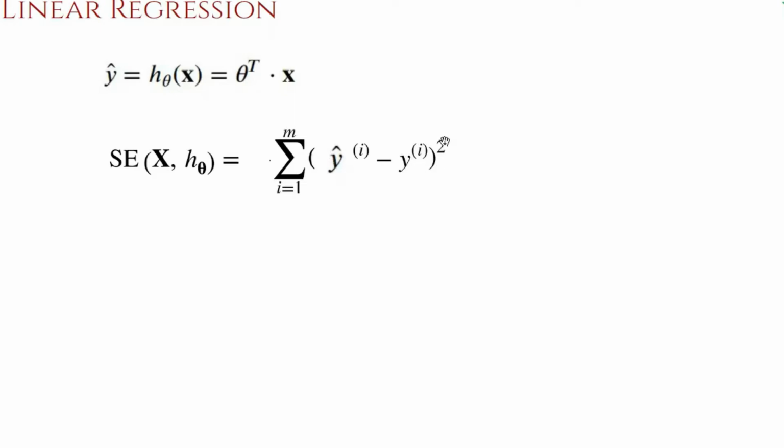There is a significance behind why we are squaring this error, because it helps us avoid adding up negative and positive values. Say, for example, for the first participant the error is -5, and for the second participant the error is +5. If you simply add them, it becomes 0. It tells you that there is no error, but that is not the case. So that is why you need to take the square, to avoid summing up negative and positive errors.